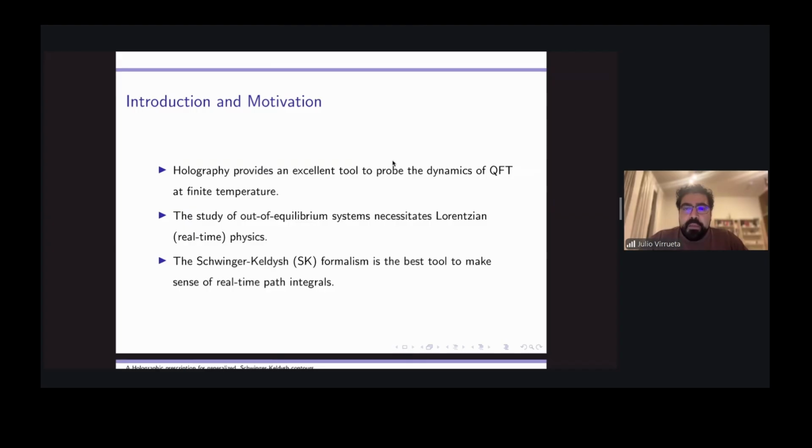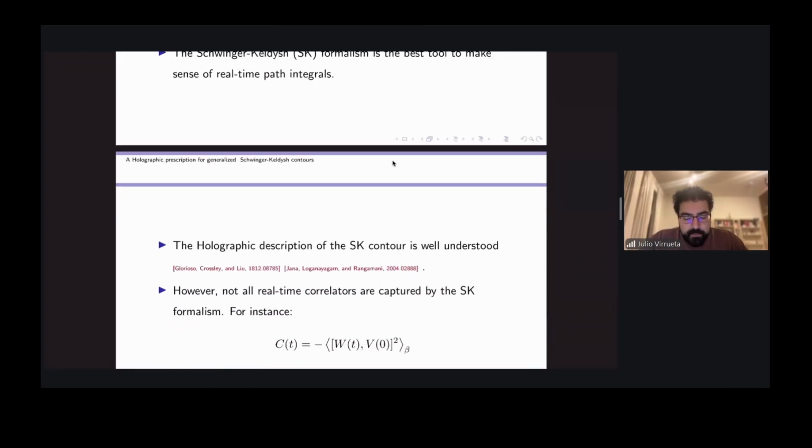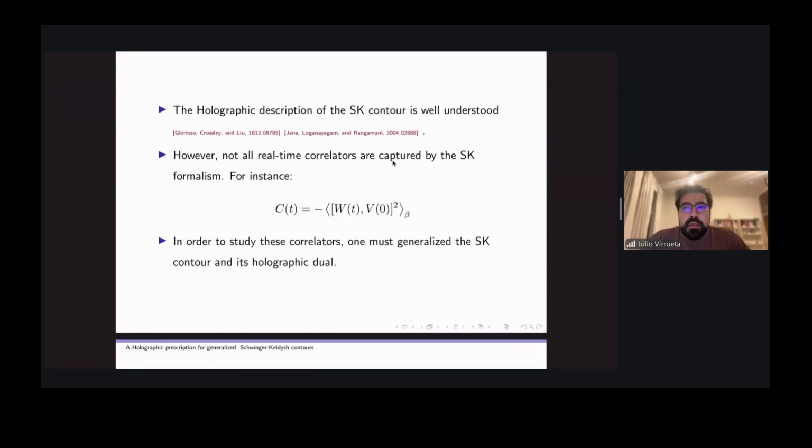Fortunately, all of these can be captured in the formalism of the Schwinger-Keldysh contours. And the holographic dual for the traditional Schwinger-Keldysh contour has been known for a while in parallel works by Glorioso, Crossley, and Liu, and similarly works by Jana, Loganayagam, and Rangamani.